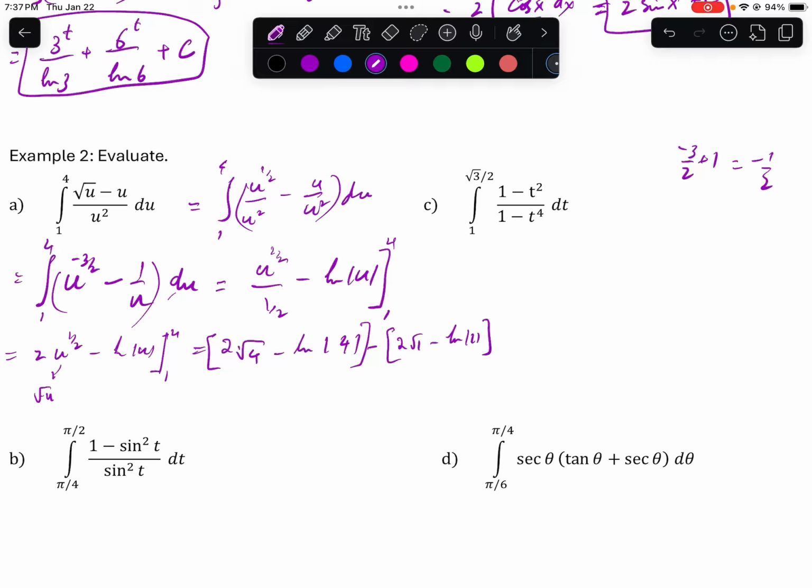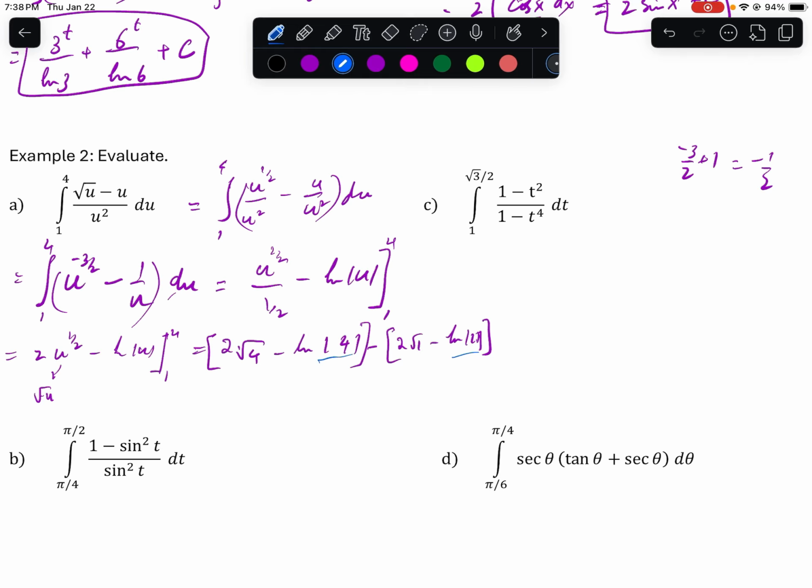Now note here, we don't need the absolute value in here, because the absolute value of 4 is 4, and the absolute value of 1 is 1.